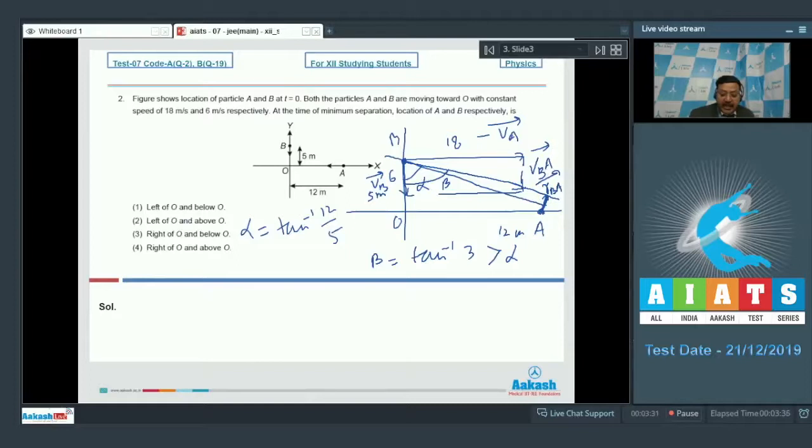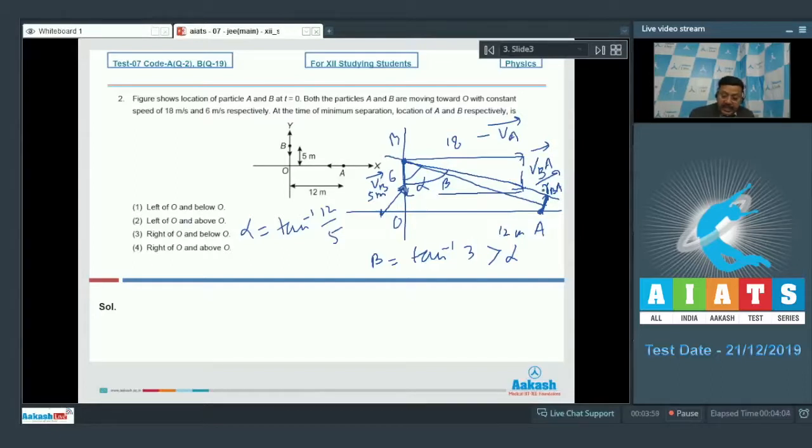We can see that clearly this vector is tilted towards right with a vertical line through point A. Now that will happen only when A is to the left of O and B is above O. So something like this. Remember, with respect to ground, B is moving along this line only. So B will be somewhere on this line.